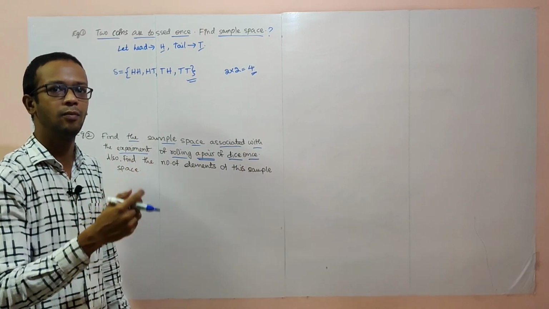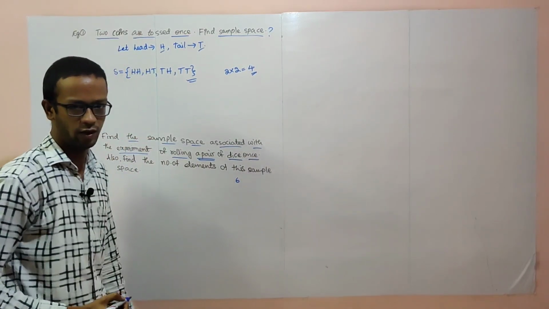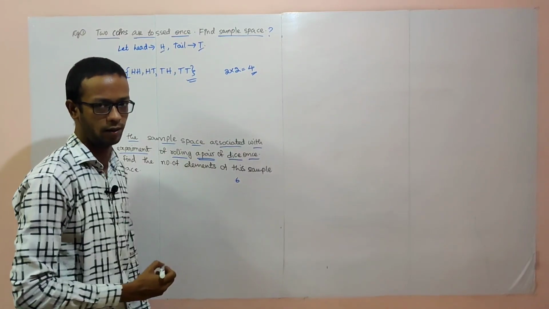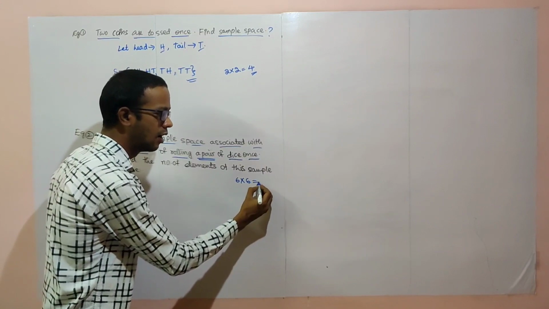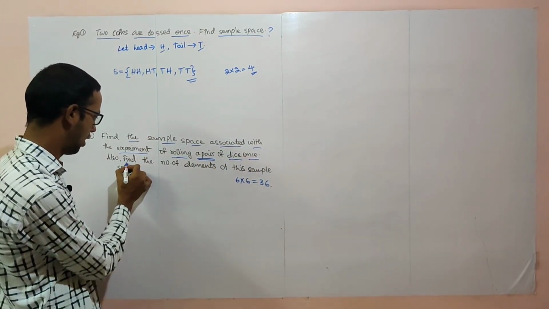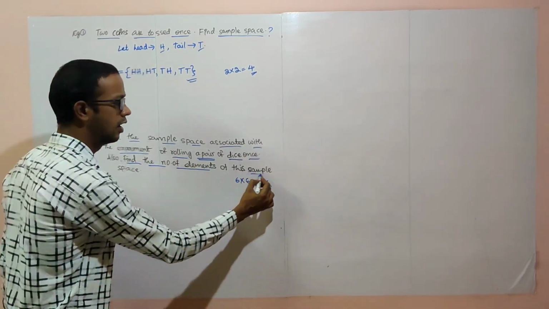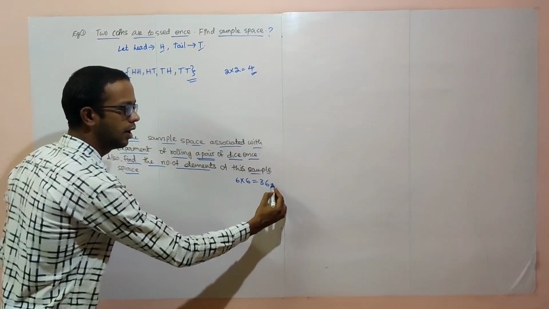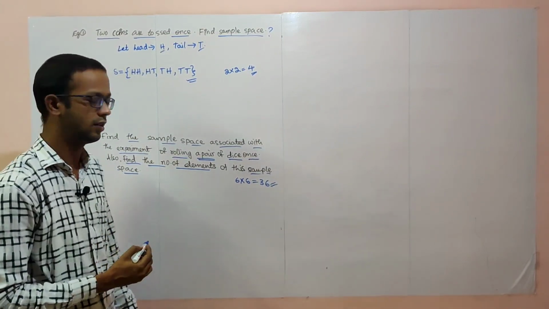One die thrown means 6 outcomes you will get, and one more time 6 outcomes. Total 36 outcomes you will get. And here also it is asking to find the number of elements. The number of elements in the sample space is nothing but 36. We have to find the sample space also.